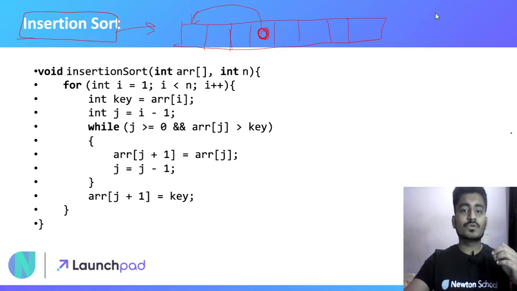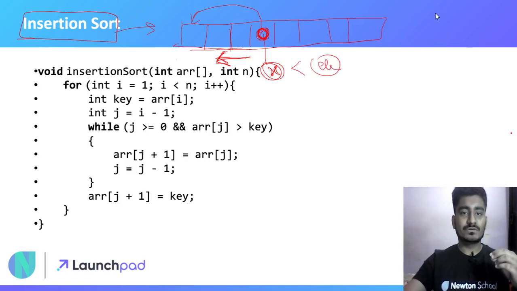So we will iterate in this whole array from this position, and we will check all the elements which are bigger than this element. Suppose this element is x. During iteration from right to left, all the elements which are bigger than x, we will shift by one position.